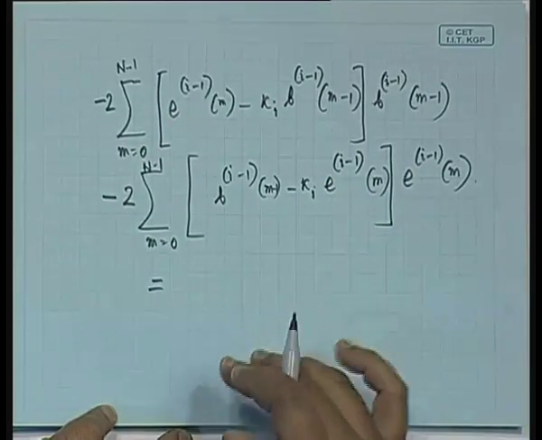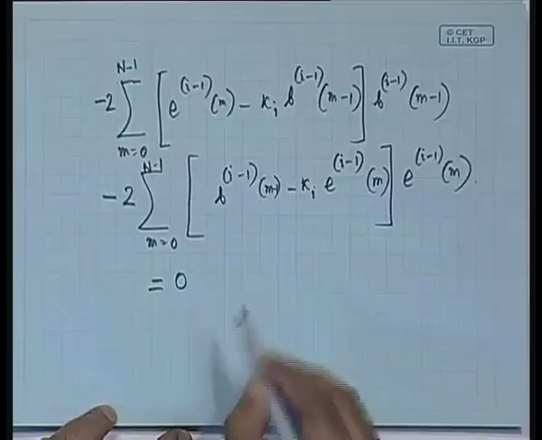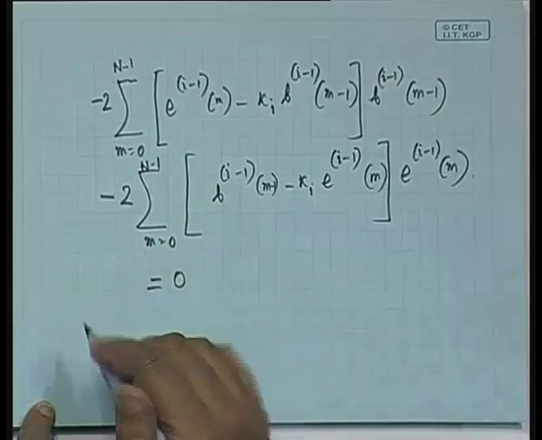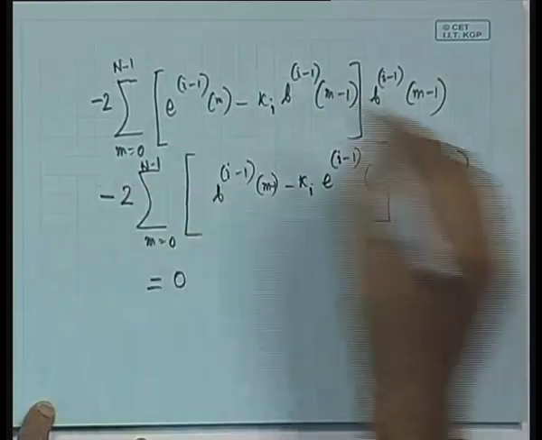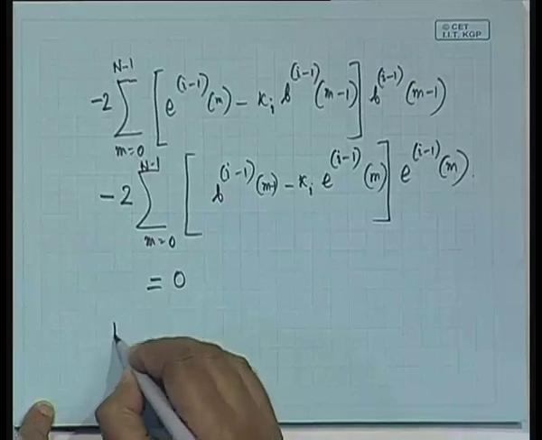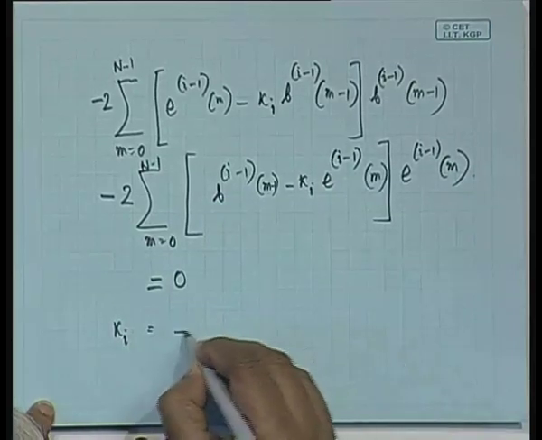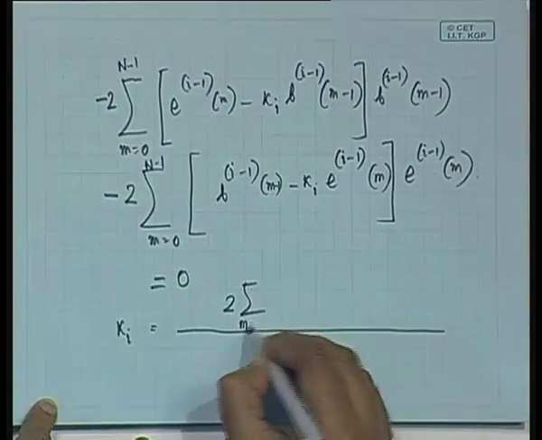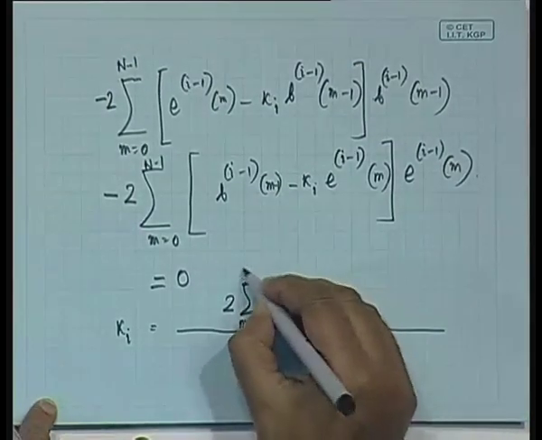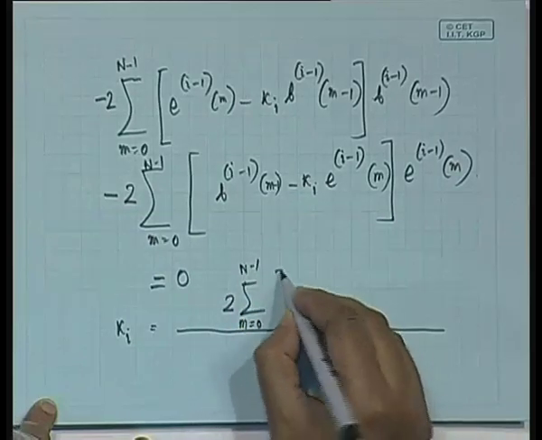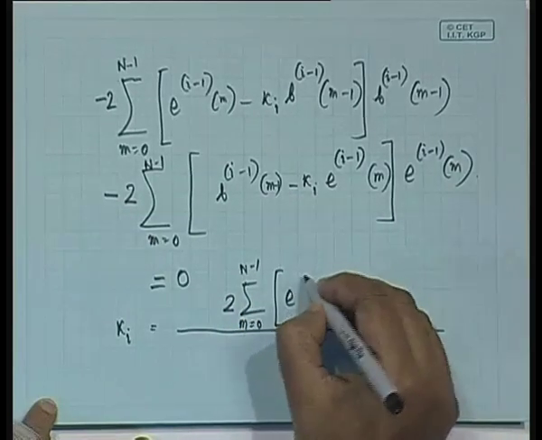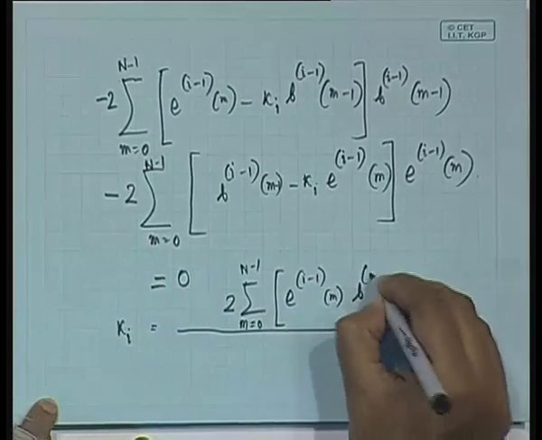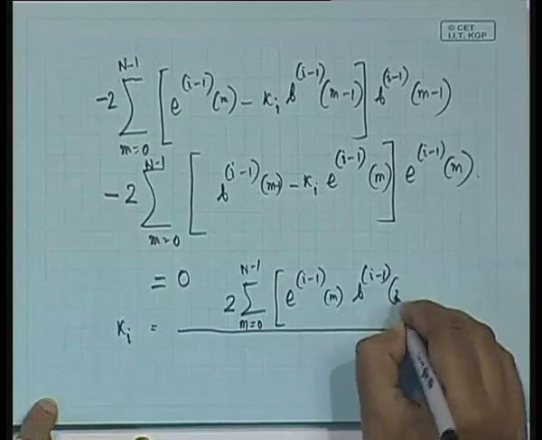And this will be nothing but the derivative of this EI with respect to KI, and this will be equated to 0, and by having that one can solve for KI. From here you can solve for KI, and KI will be given like this: 2 times summation M equal to 0 to N minus 1 EI minus 1 M into BI minus 1 M minus 1.